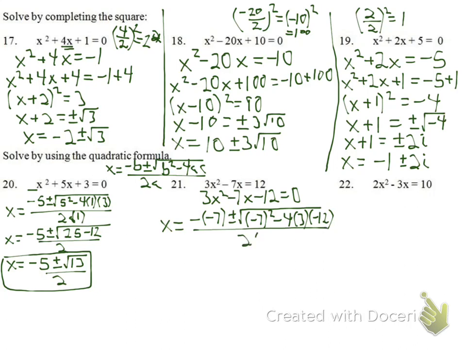And that's over 2 times 3. This becomes 7 plus or minus the square root of 49. Now we have minus, but we have a negative in there, so that's going to become a positive. 4 times 3 is 12, times 12 is 144. That's all over 6.